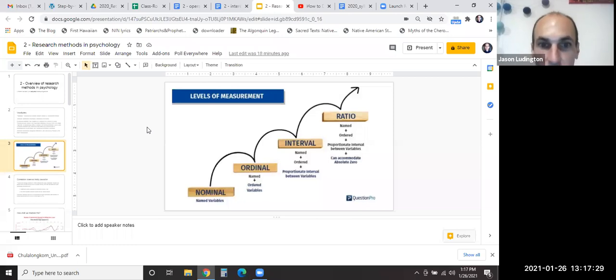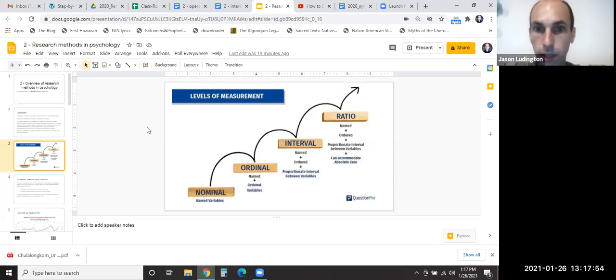Nominal is the named variables, such as colors, categories, types, classes, features, anything descriptive without numbers.